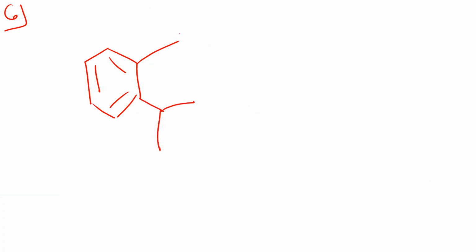On question 6, let's go ahead and draw the structure. So we have this. I'm going to draw the double lines. Usually I just make it a circle, but we'll go ahead and draw the lines like that. And I just want to make sure that I have everything in here. And it gives a name of 2 isopropyl toluene.